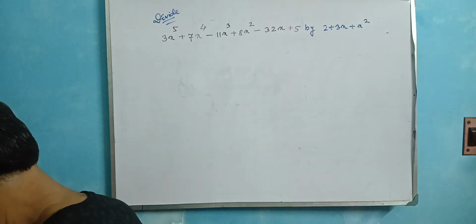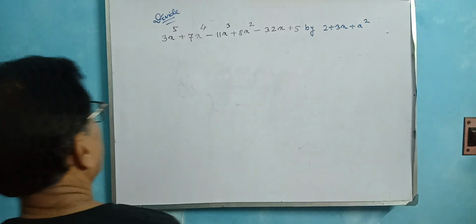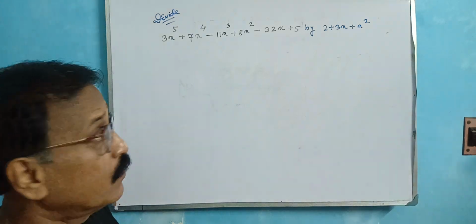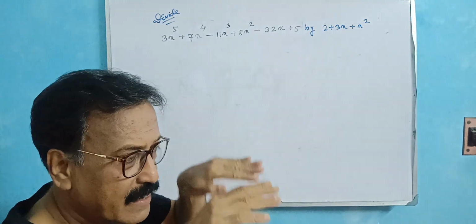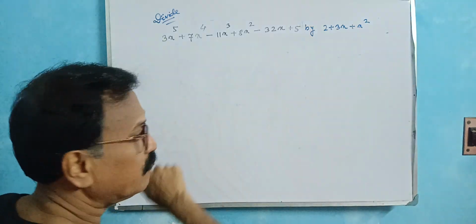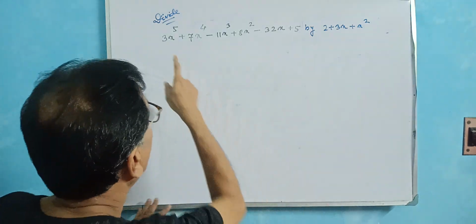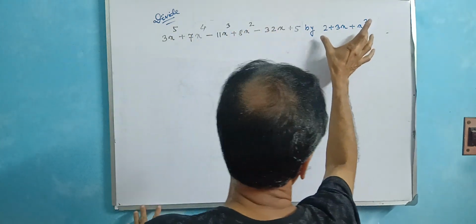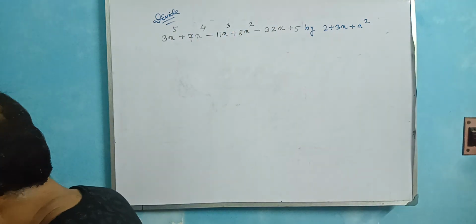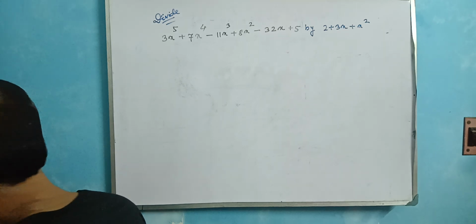Okay, clear? Okay, so actually you just arrange in descending power. Here is descending power 5 4 3 2 1 0. So here in division, you just write in the descending power.